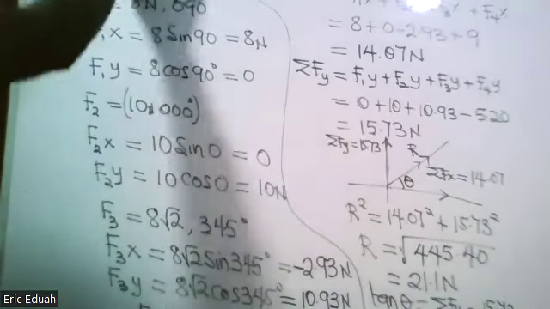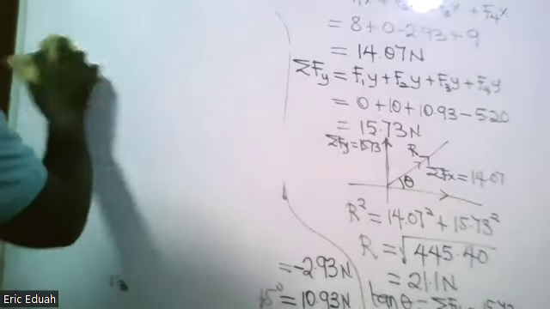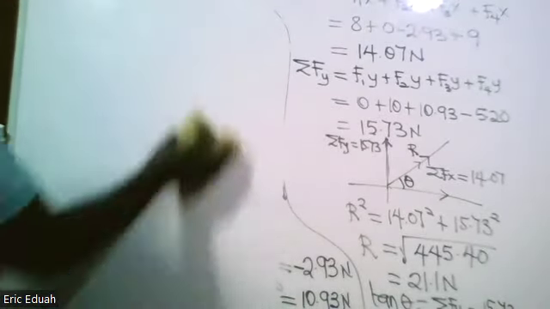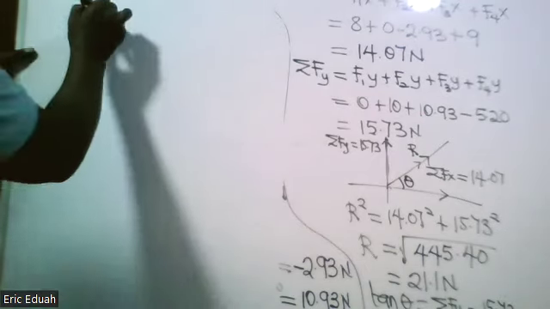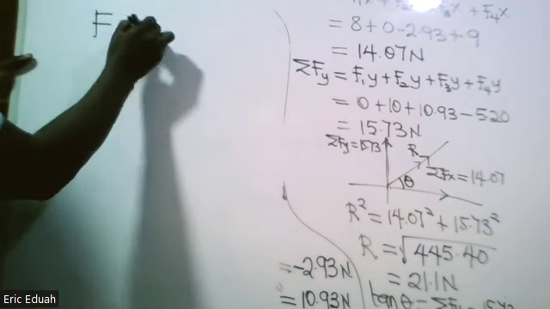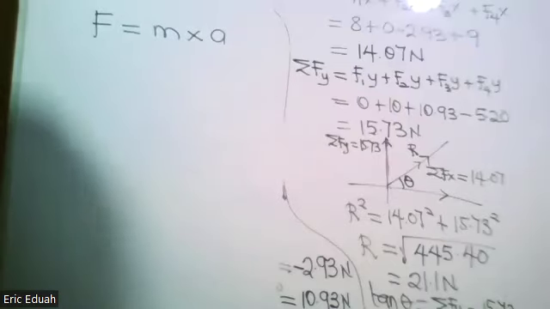The value of the acceleration is directly proportional to the value of the resultant force. So Newton is saying that F is equal to mass times acceleration.